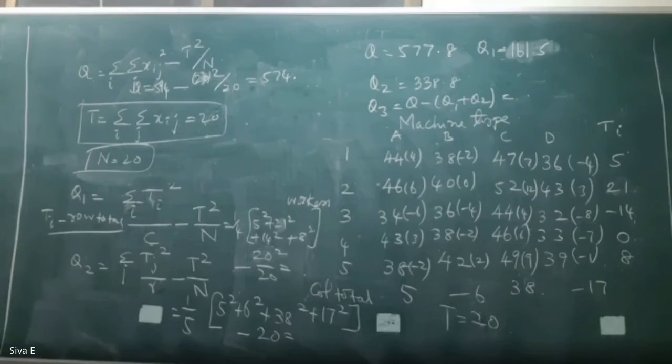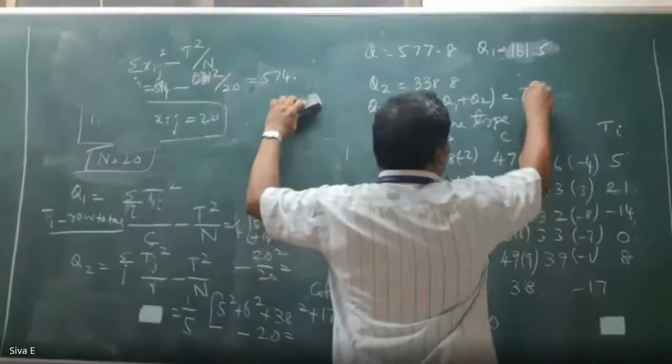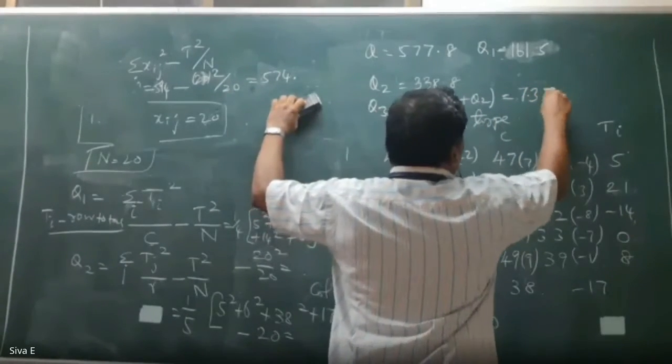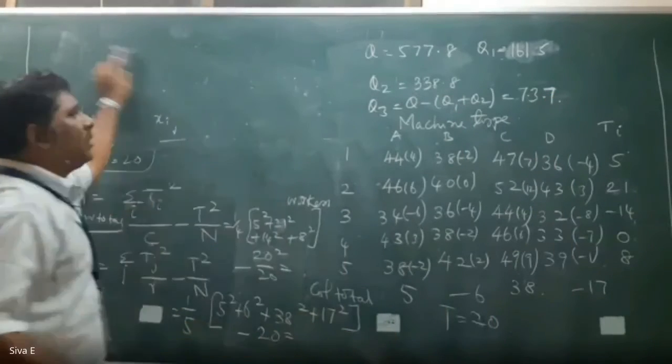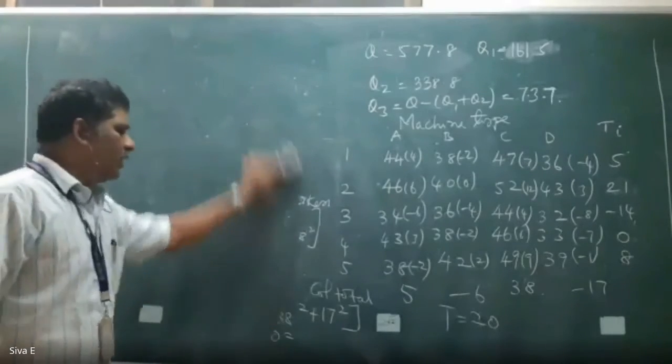That is 73.7. So after finding Q1, Q2, Q3 values, next we have to write the two-way classification table.